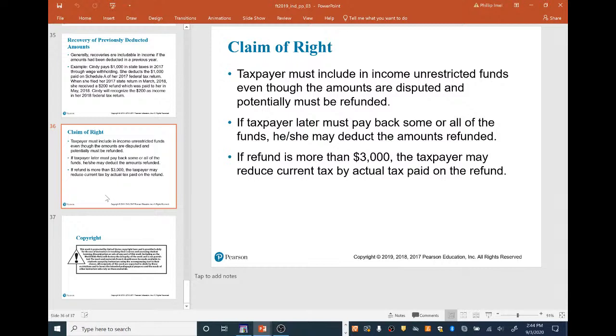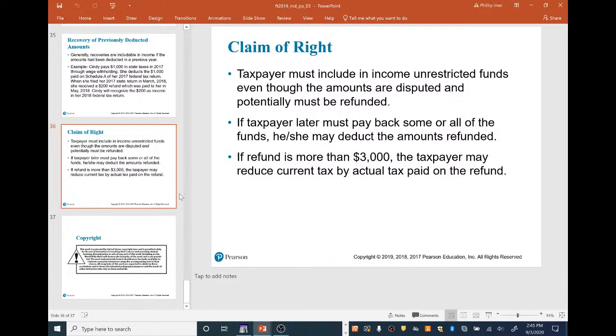Gross income is summarized on Form 1040, page 1. We saw that in an example from this chapter. It comes from various supporting schedules, including Schedule B, which is interest and dividends, Schedule C, business income, Schedule D, capital gains, Schedule E, rents and royalties, Schedule F, farm income, and Form 4797, supplemental gains.